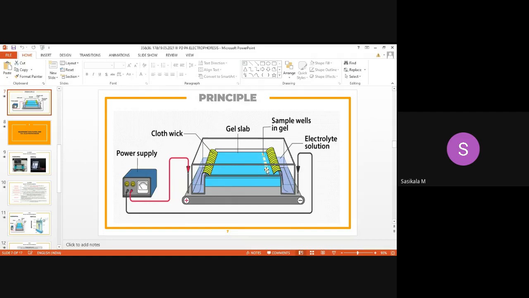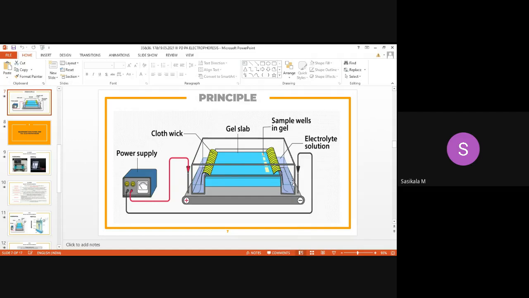In microbiology, after making agar plates, you make small wells to keep your samples. Likewise, here also small wells are made over the gel slab to inject the sample. So whatever concentration of sample you need to apply, you can apply in the well.